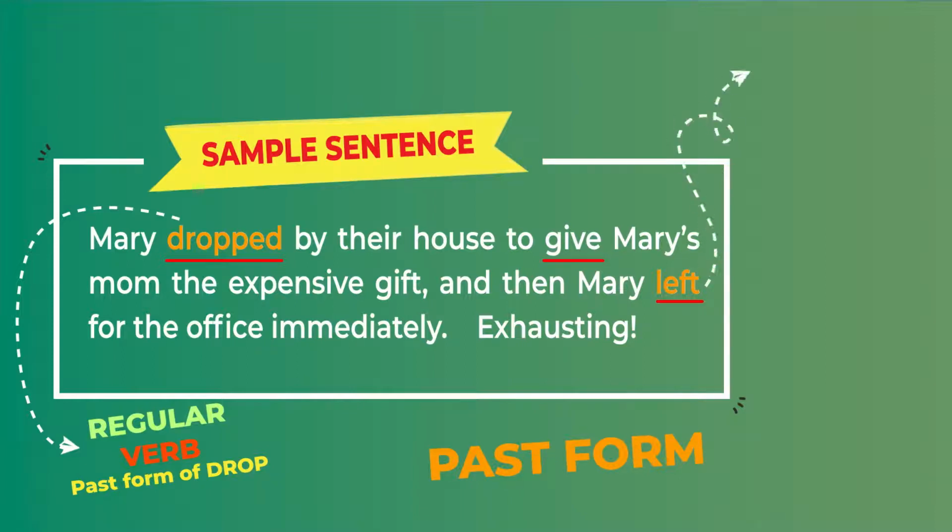Left, on the other hand, is the past form of leave, which is an irregular verb. Therefore, we can conclude that the present and the past form of drop is drop, dropped, and for leave is leave, left.